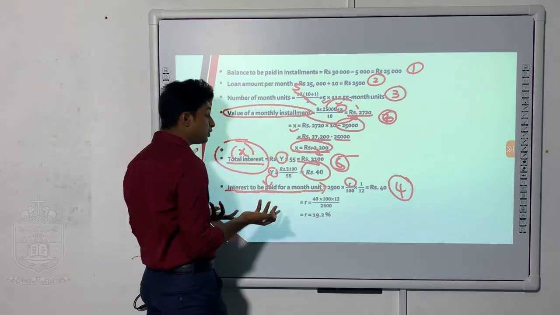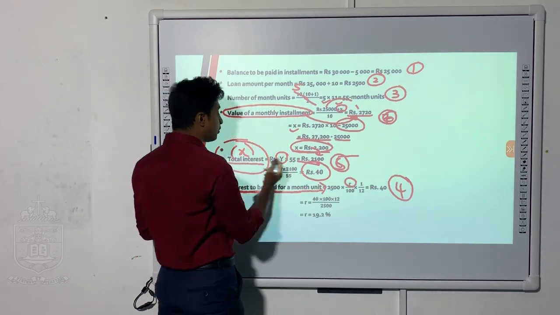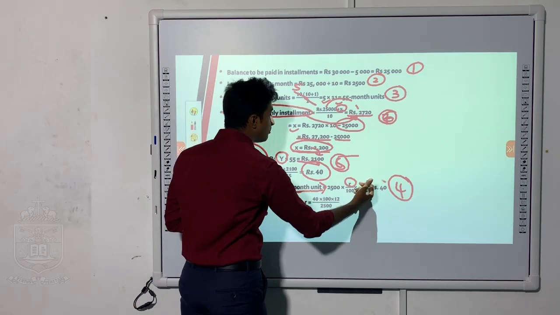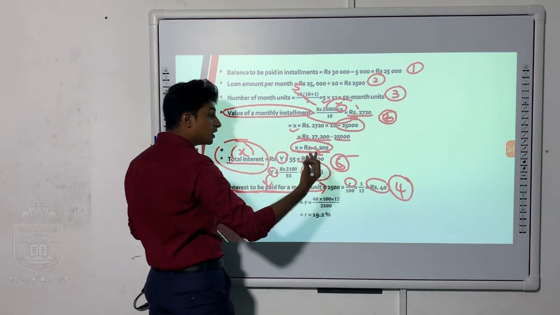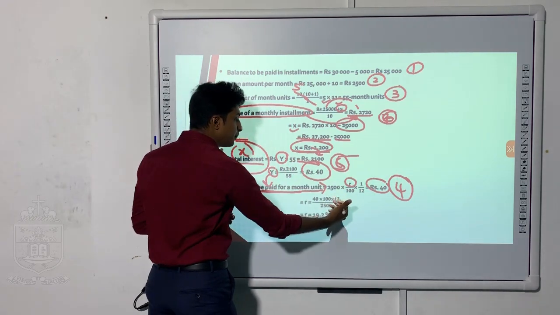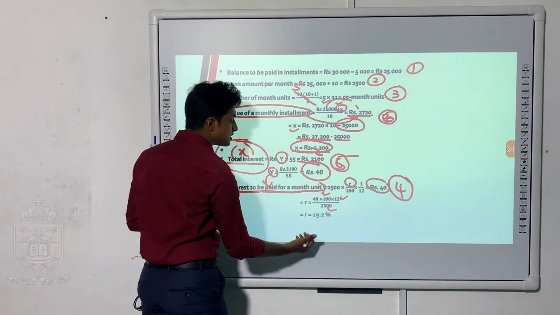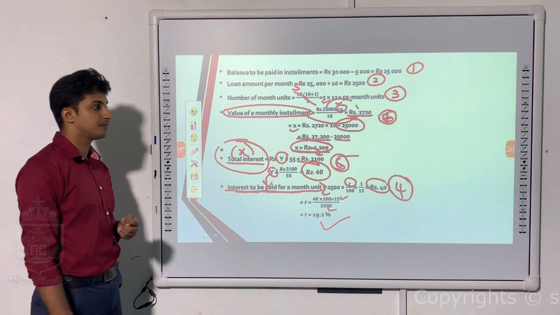We need to find r, we don't know the value of r, into 1 over 12, that is equal to 40. 40 means the interest to be paid for a month unit. To keep r alone, take all the other numbers to the other side. So 12 will go up, 2,500 will come down. Simplify, then you will get the answer as 19.2%.